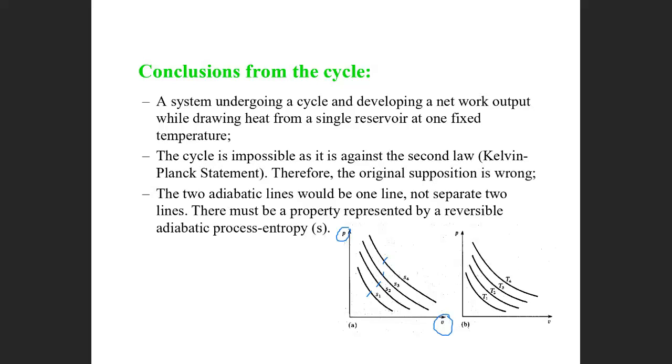So the property presented by a reversible adiabatic process is entropy. So we have the entropy line on the diagram. If you have interest, you can see how entropy is a property. We have the property line.